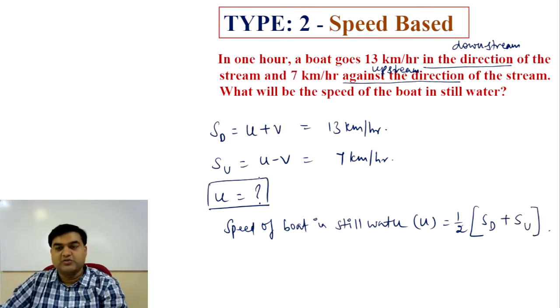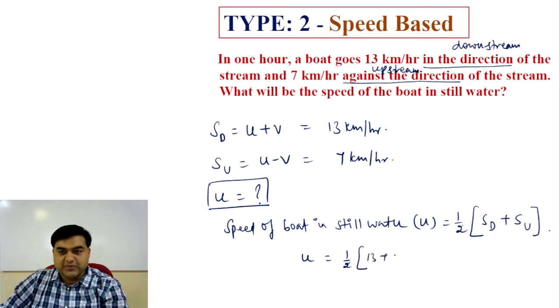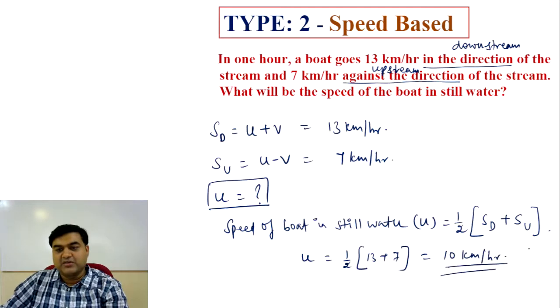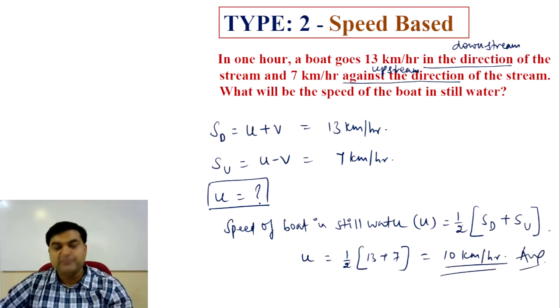Okay, let's do it. That means u is equal to 1 by 2 into (13 plus 7). 13 plus 7 is 20. 20 divided by 2 is 10 kilometer per hour. So we got the answer as 10 kilometer per hour. This is our answer, found easily. So this question is done.